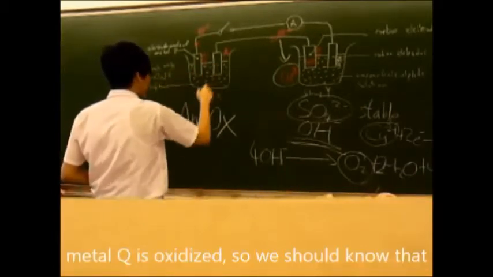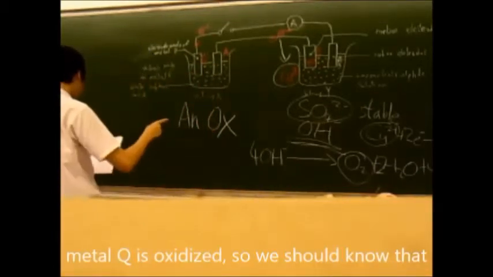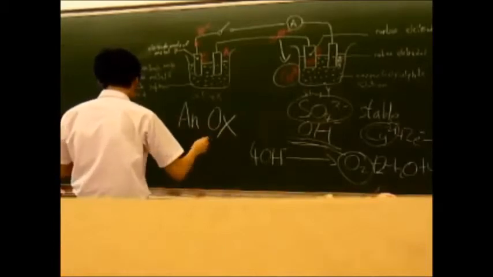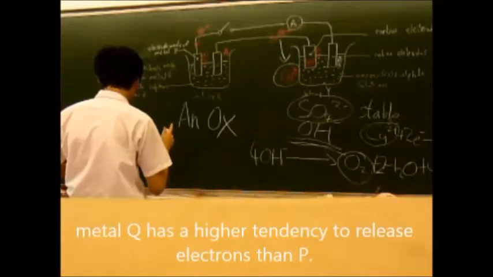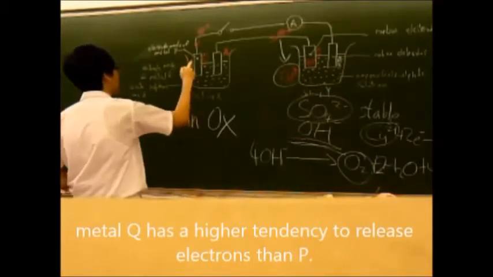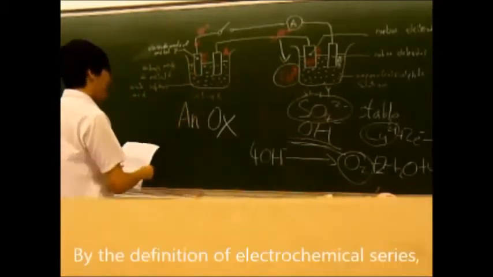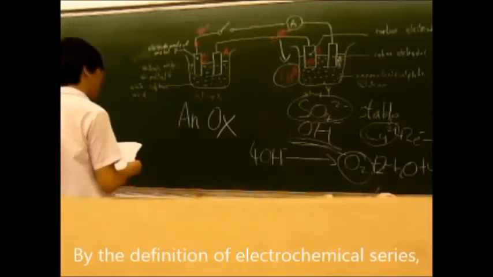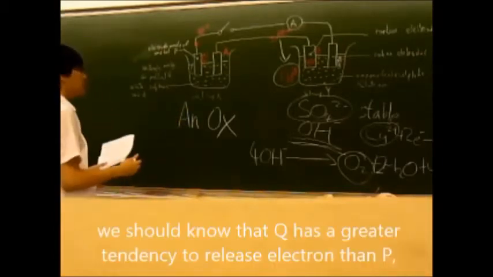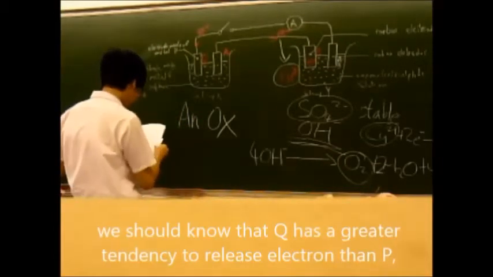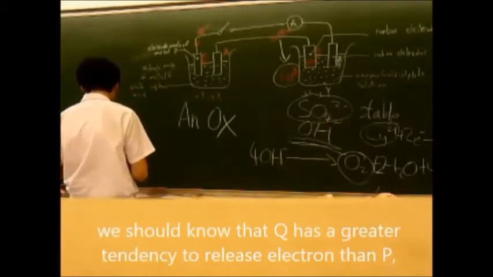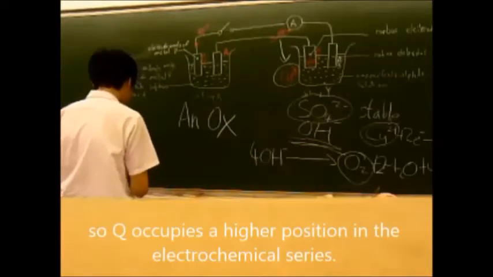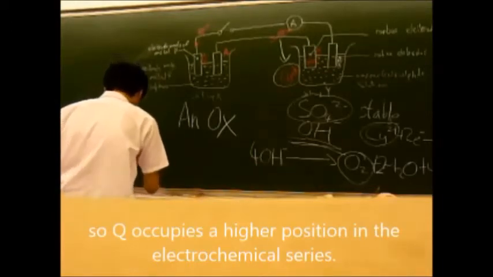Metal Q is oxidized, so we should know that metal Q has a higher tendency to release electrons than P. By the definition of electrochemical series, we should know that Q has a greater tendency to release electrons than P, so Q occupies a higher position in the electrochemical series.